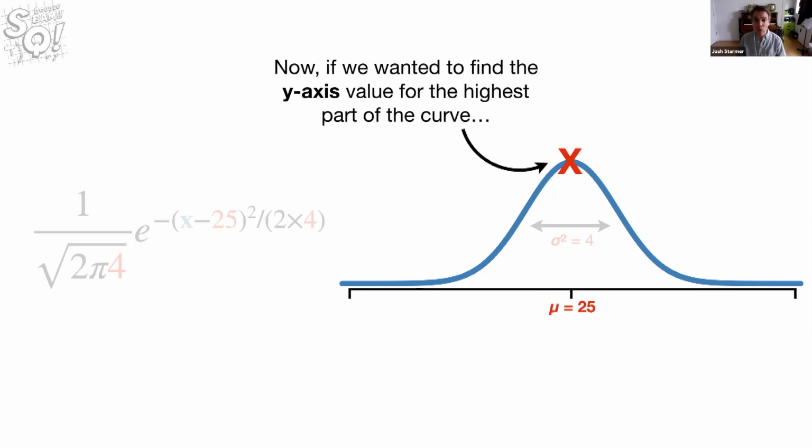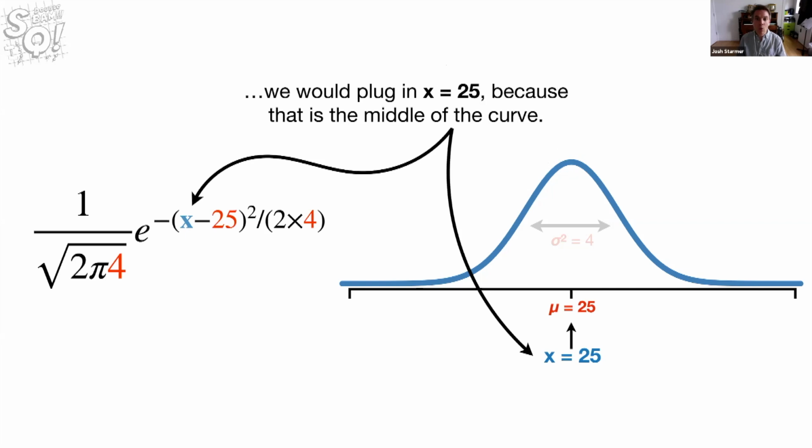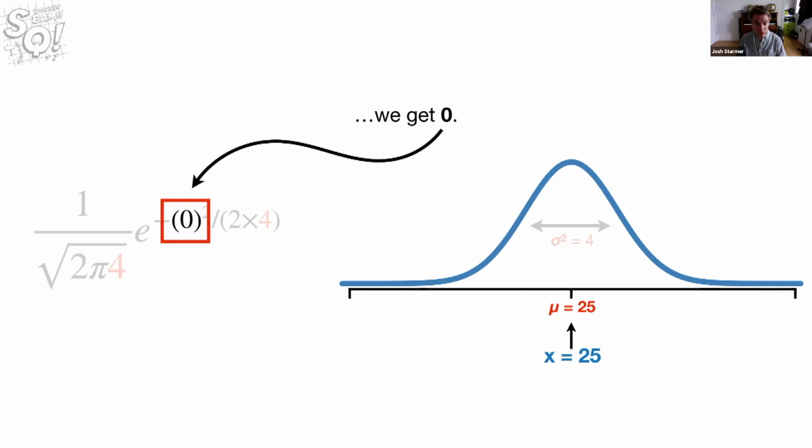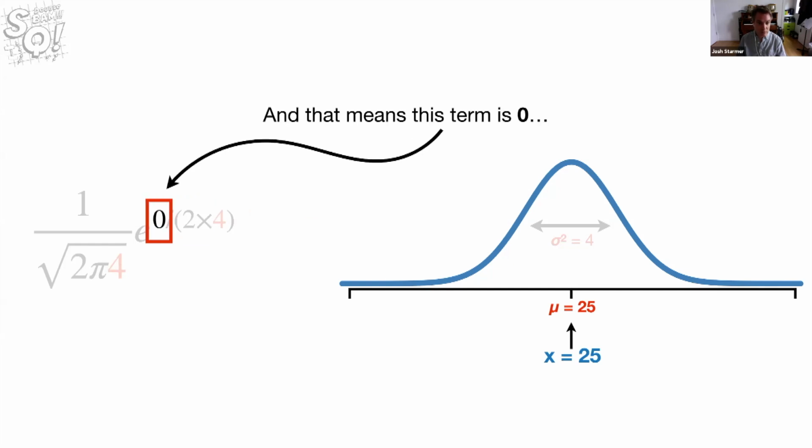Now, if we wanted to find the y-axis value for the highest part of the curve, then we would plug in x equals 25 because that is the middle of the curve. Now when we do the subtraction, we get 0. And that means this term is 0.